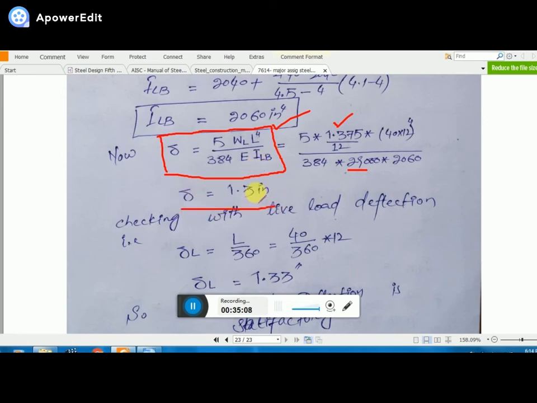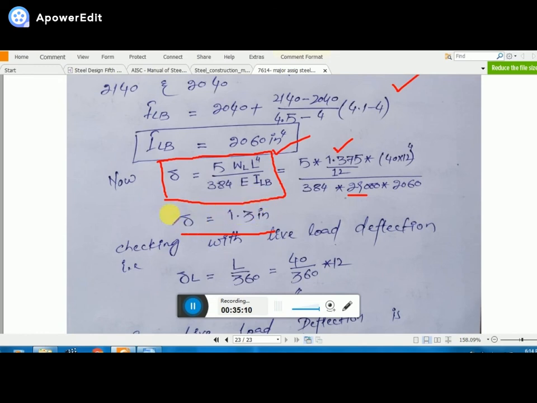Now you have to compare your acting deflection, which is basically the existing deflection due to loading, with your limiting deflection. For a live load with a uniformly distributed load, for a simply supported beam, the limitation is this one.